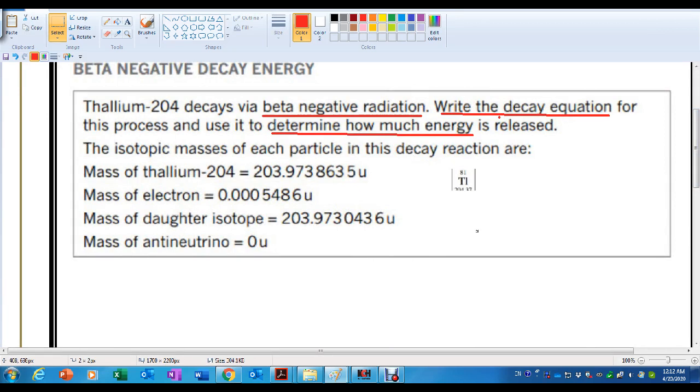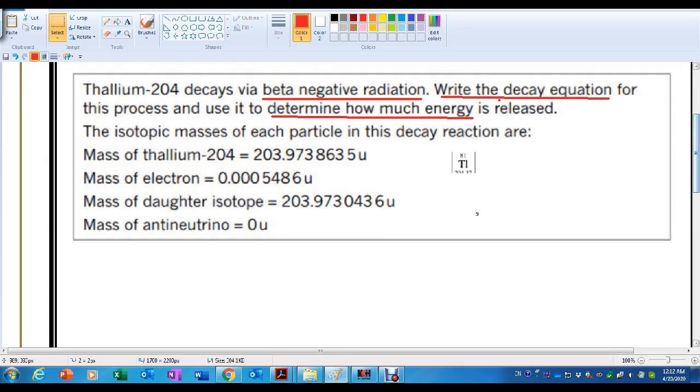Anything we don't know? So the electron and daughter isotope we don't know yet. Mass of anti-neutrino 0 U. So that means no mass, but you still need to write the equation including this. All right, so let's write the equation. So you know that's Tl 81 204.